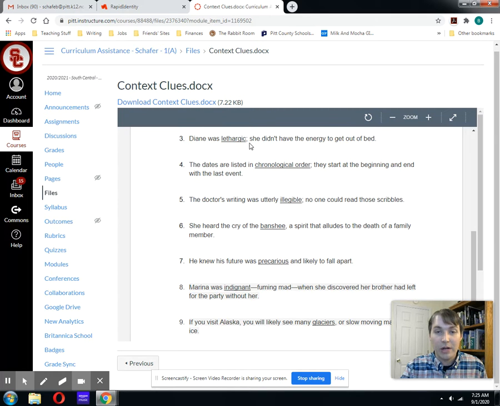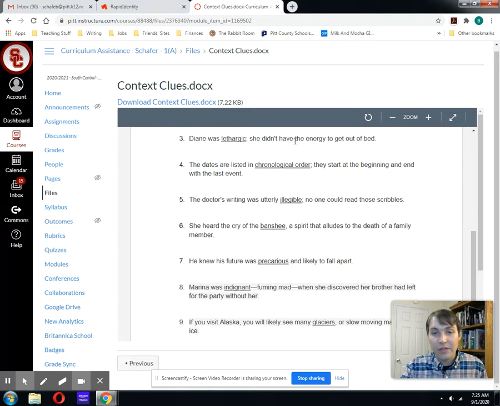The clue that I'm about to find a definition here is going to be the semicolon. After the semicolon, I know I'm going to find my answer. She didn't have the energy to get out of bed. Diane didn't have the energy to get out of bed. Diane was lethargic.